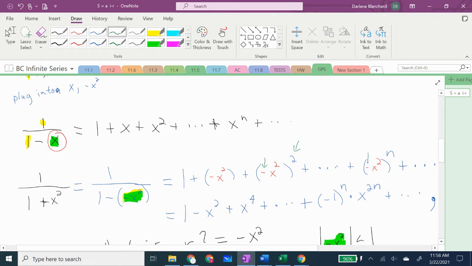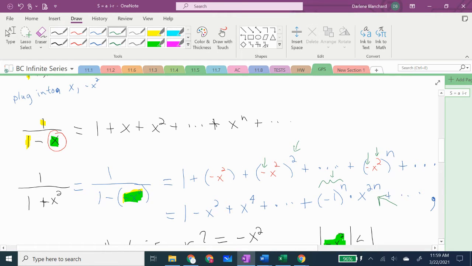And very important, separate that -1 from the x squared, because you're going to be eventually doing more than just this first step. You'll want to rewrite it in this format to prepare it for anything else that might need to be done. And notice it creates an alternating series.